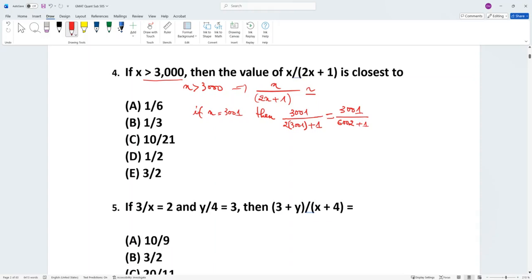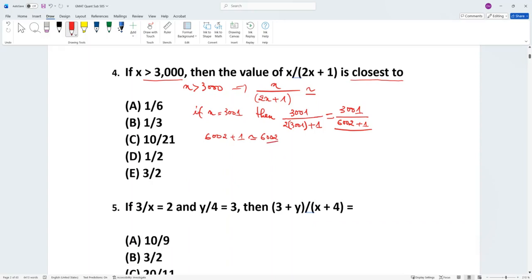So since here we are not looking for the exact value, we are looking for the closest value. And we can see that this one, 6002 plus 1, is approximately 6002.